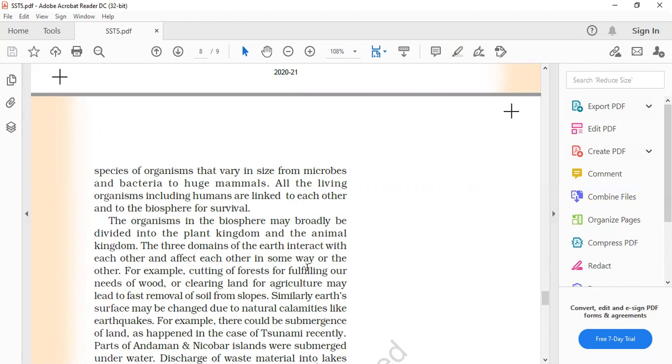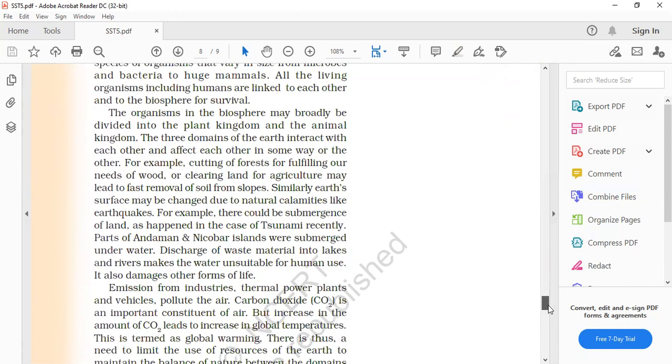For example, cutting of forests for fulfilling our needs of food or clearing land. Similarly, the earth's surface may be changed due to natural calamities like earthquakes and tsunamis, and parts of the Andaman and Nicobar Islands were submerged. The question says explain the sentence, that the three domains of the earth interact with each other and affect each other in some way. Explain the term or explain the sentence. So your answer will be this.